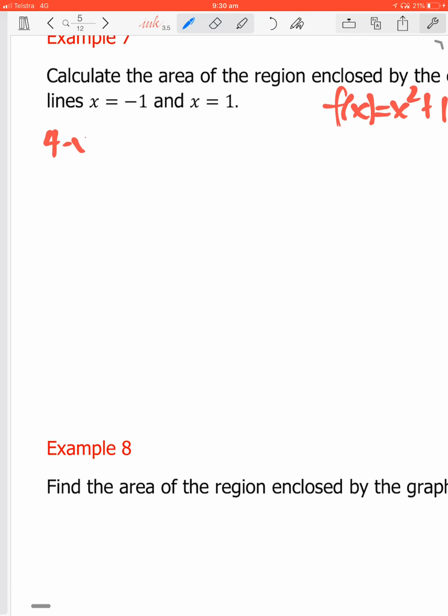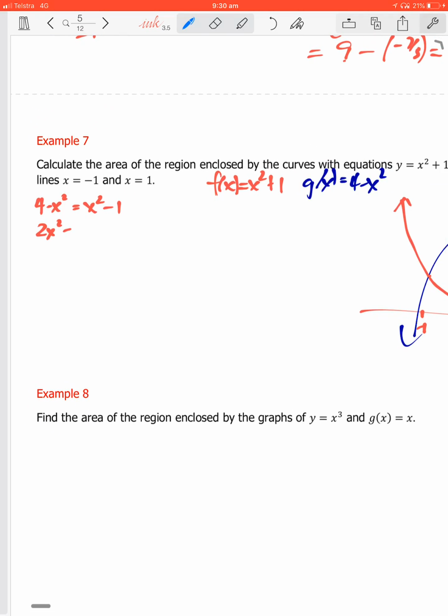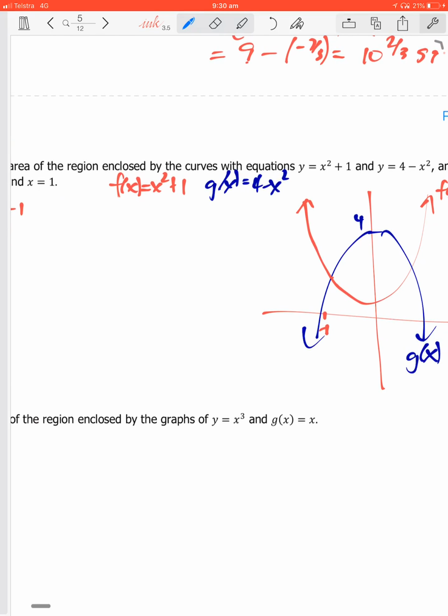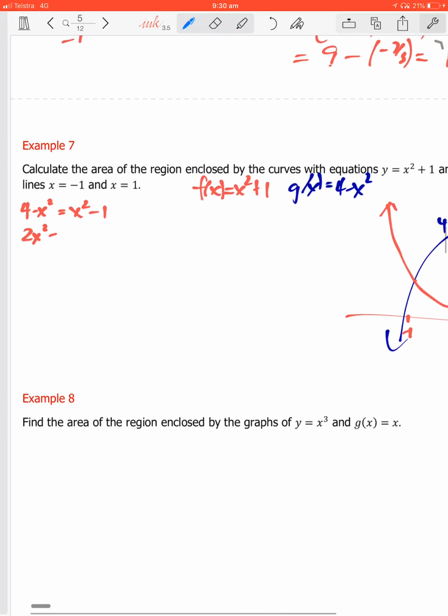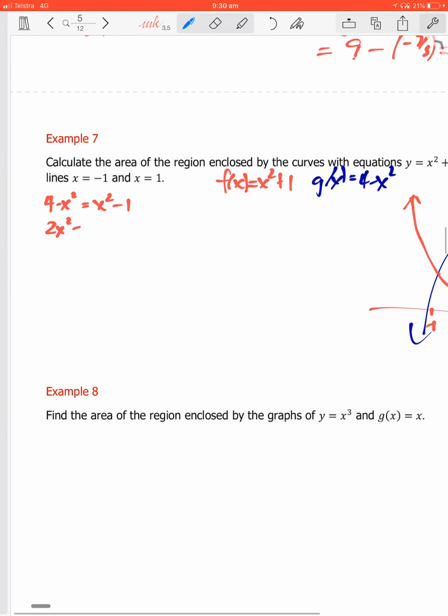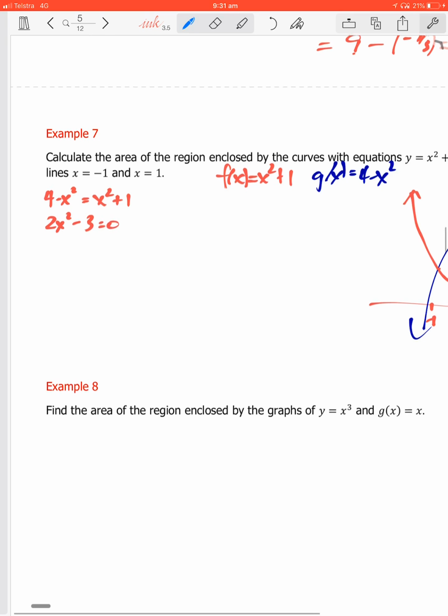So I've got 4 minus x squared is equal to x squared plus 1. Now let's bring it all to one side. Is that right? x squared plus 1, 4 minus x squared. Okay, so I'm going to get 2x squared minus 3 equals 0.